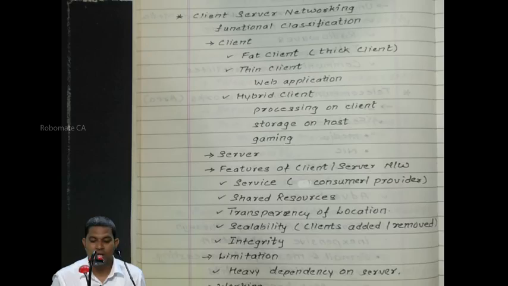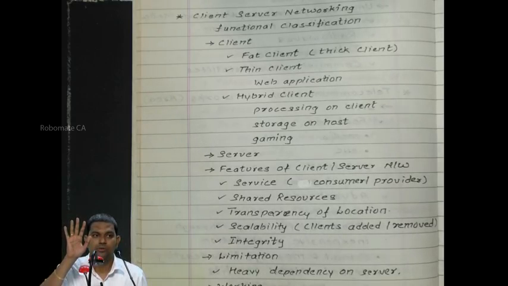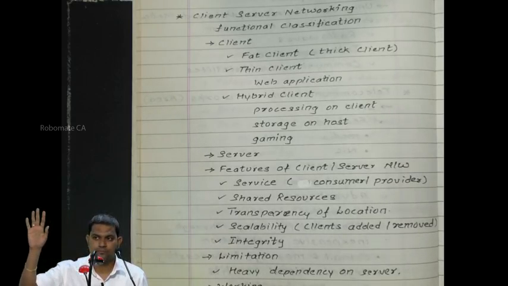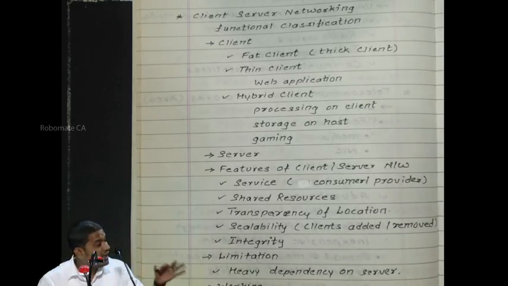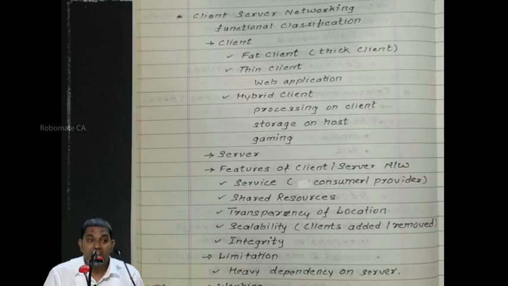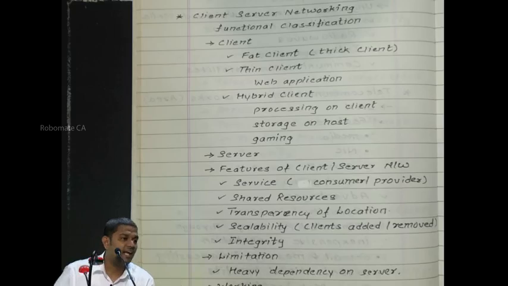Am I right or wrong? In the same way, if a particular client is doing more processing, then that client will be called a fat client, also called a thick client.